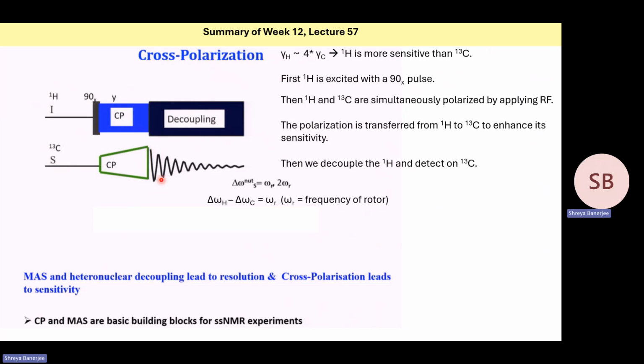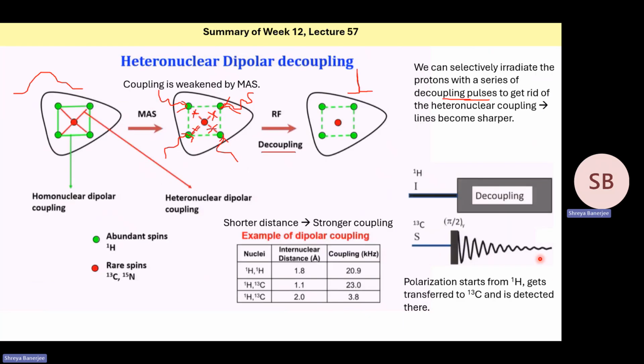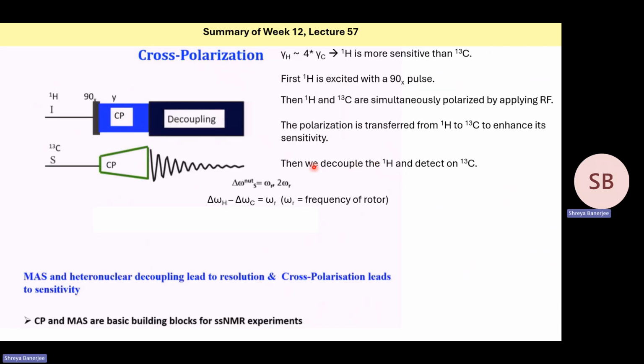So if we are detecting the FID on 13C, 13C is not that sensitive, so we will not get very well resolved peaks. But if we do this cross polarization, then the sensitivity of hydrogen is transferred to 13C, and that will increase the sensitivity of the 13C channel where we are detecting the FID.